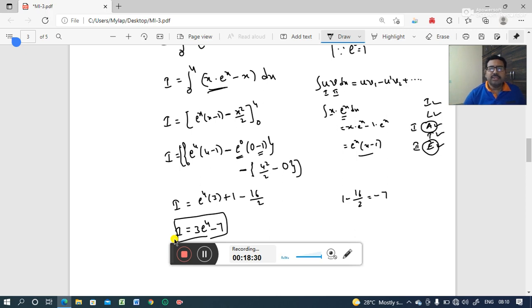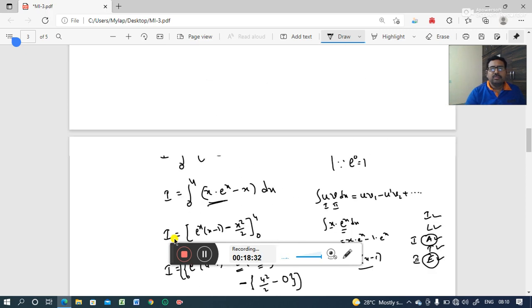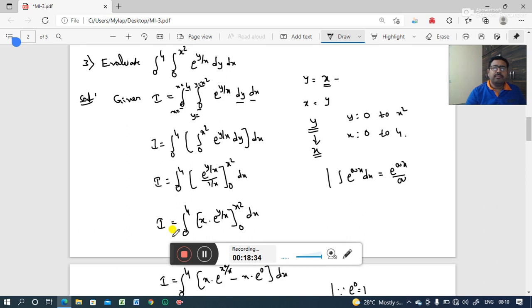So this is the method of calculation when they are giving variable limits. Once again, I want to highlight this: if the limits are constant, then we identify the order of integration on the basis of the variables dy and dx.